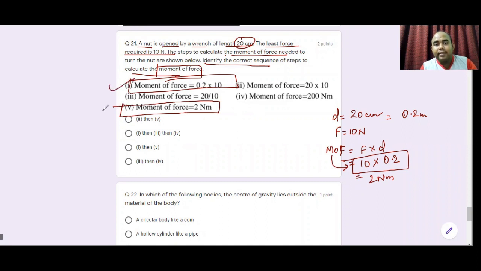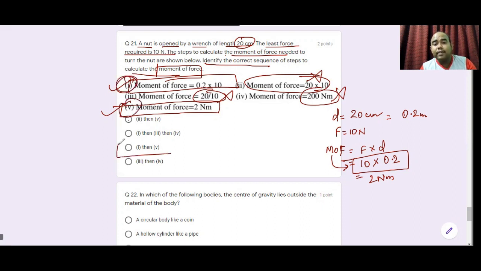So that means 1 and then 5. We never arrived at this step. This is a wrong step. We never arrived at 20 upon 10 also. This is a wrong step. And our answer was not 200 Newton meter. This was a wrong answer. So these 2, 3, and 4 options which are given as steps are incorrect. So 1 and 5 are correct, and first we arrived at 1 and then 5.